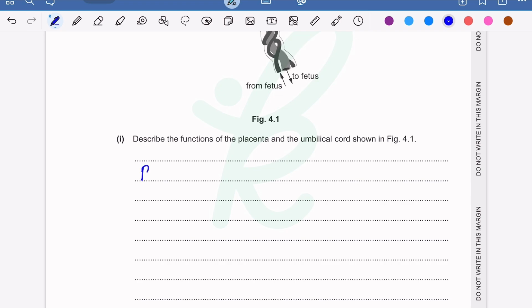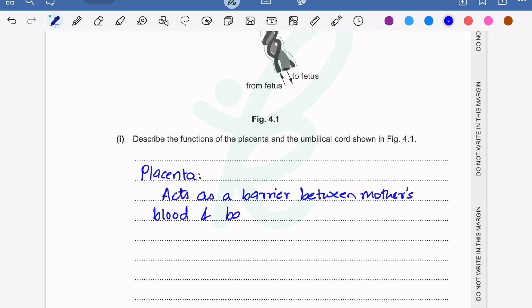So first, let us write down the functions of the placenta. First of all, the placenta acts as a barrier between mother's blood and baby's blood, preventing it from mixing.